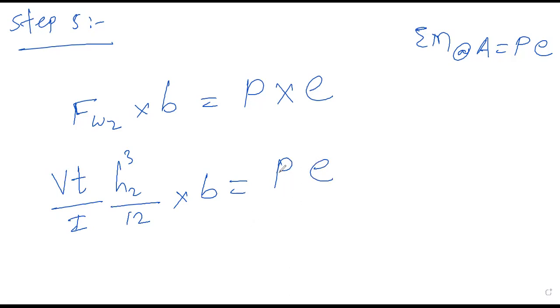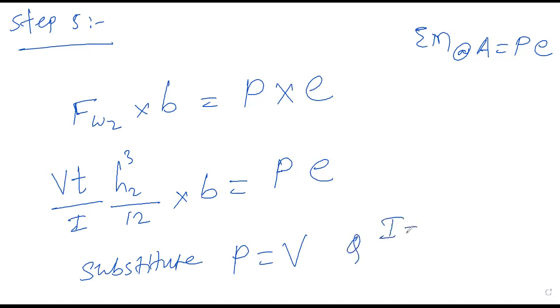Now we have to substitute P is equal to shear force, that is V, and I, the moment of inertia, whose value is known to you, t by 12, h1 cube plus h2 cube.